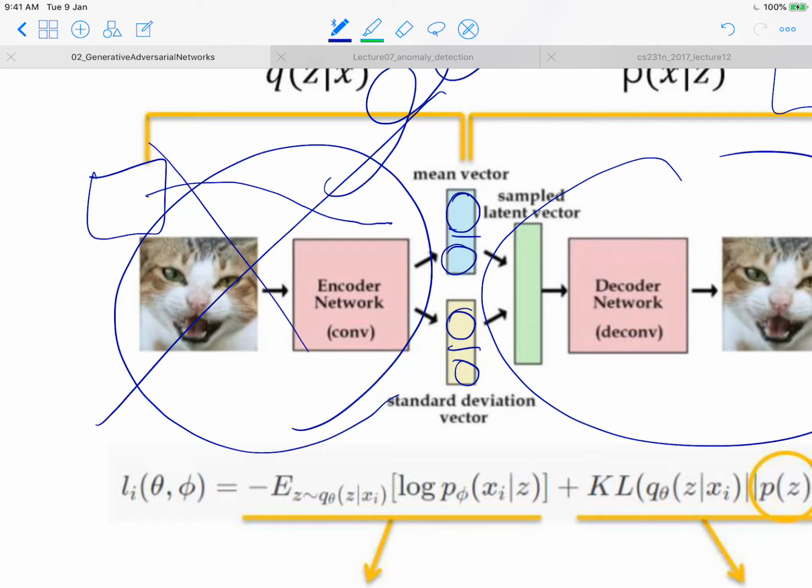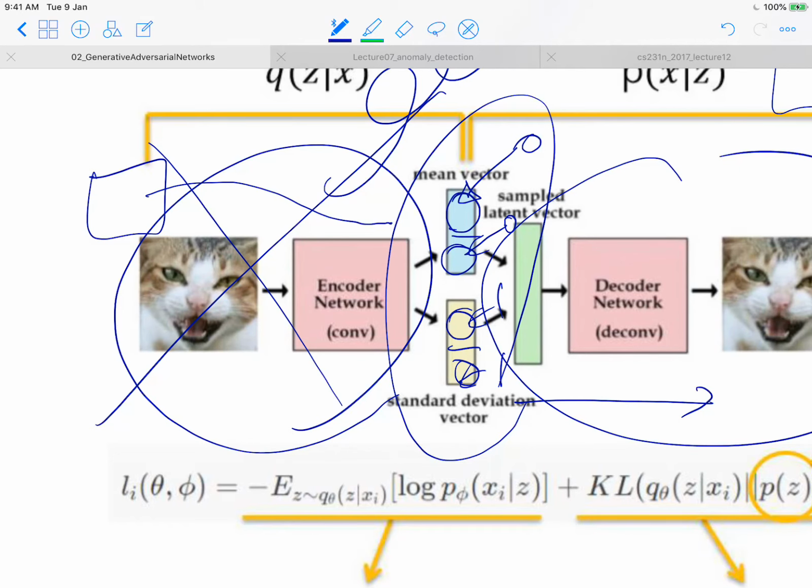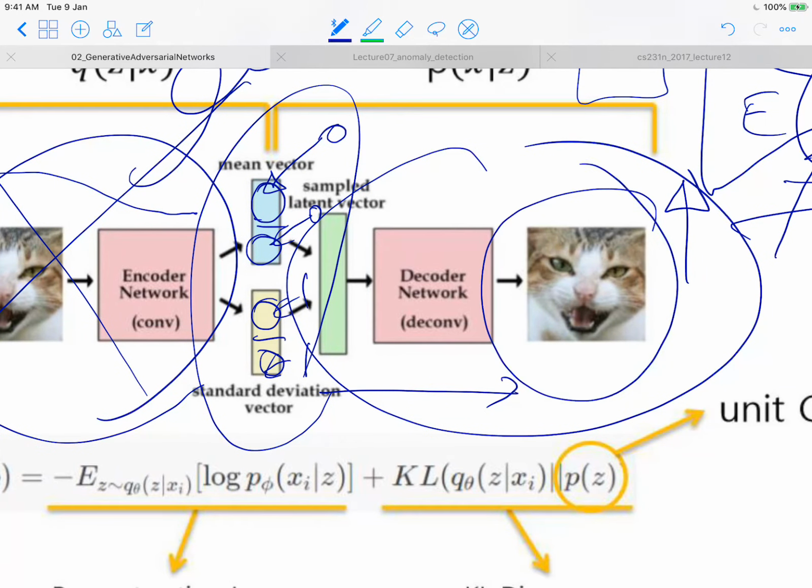But what if we don't have any images at all from the beginning? In that case, we can just expect the mean as 0 and the variance as 1. So from this standard or default marginal distribution, we can generate a random sample, use it as an input to the decoder, and it will generate a random image that follows the distribution of the real images.